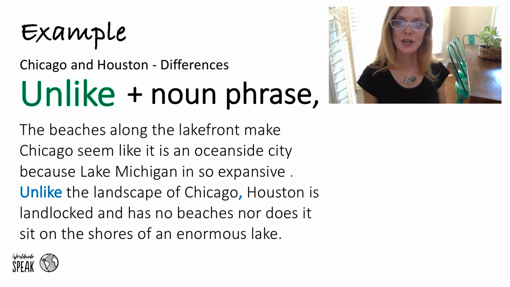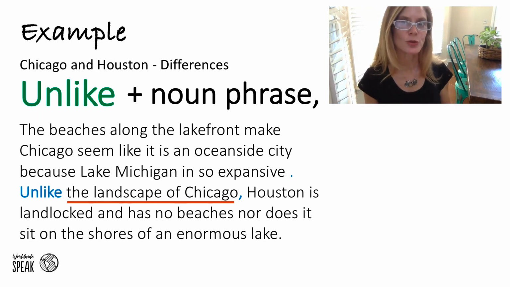So we're going to start with Chicago again, and then we're going to show another difference between Chicago and Houston. The beaches along the lakefront make Chicago seem like it's an oceanside city because Lake Michigan is so expansive. Unlike the landscape of Chicago, Houston is landlocked and has no beaches, nor does it sit on the shores of an enormous lake.